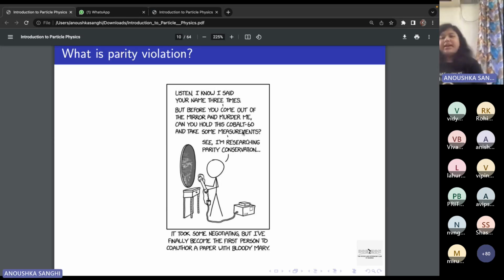So there are particles like the anti-neutrino, which comes in beta decay. It's experimentally observed that the anti-neutrino is, sorry, right-handed.